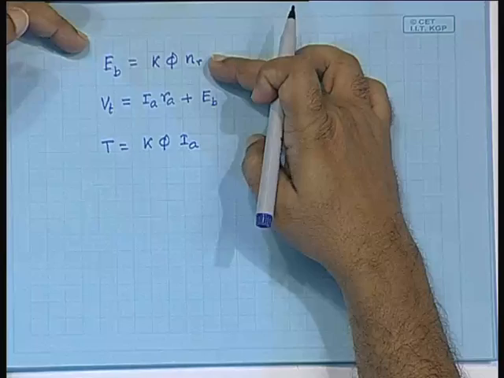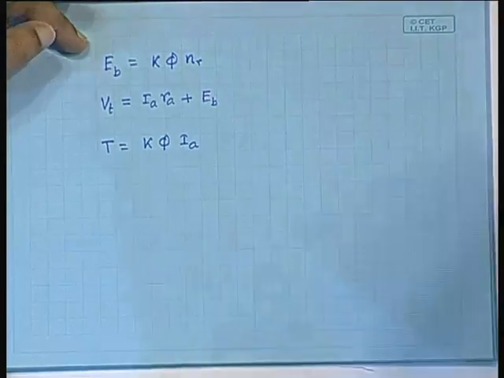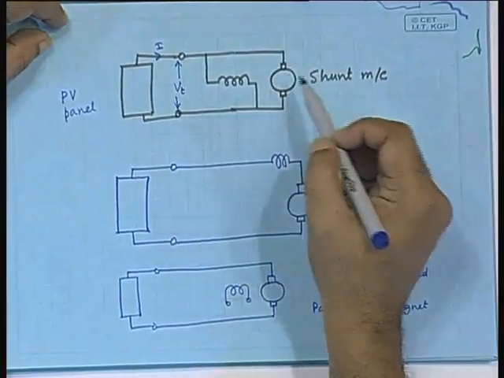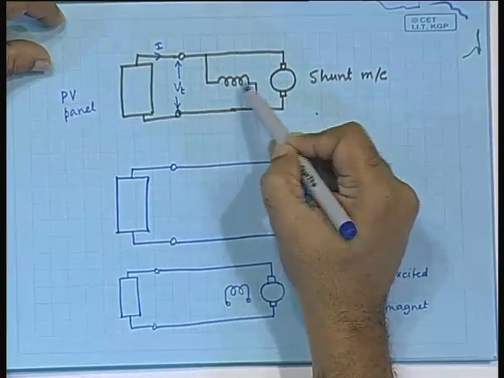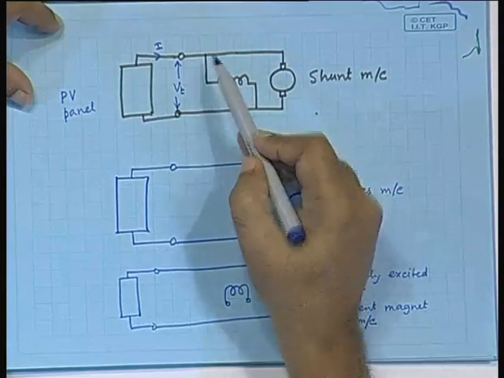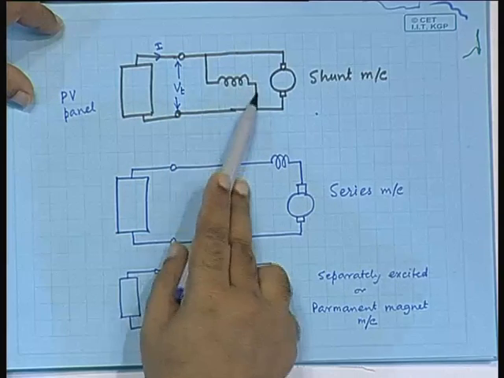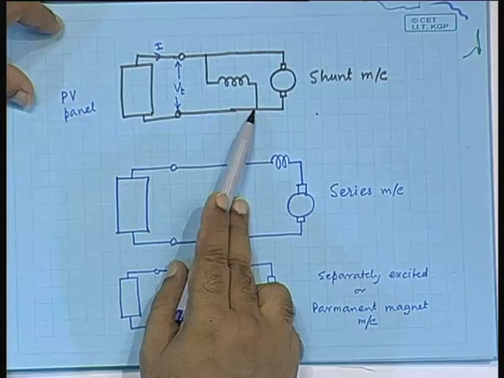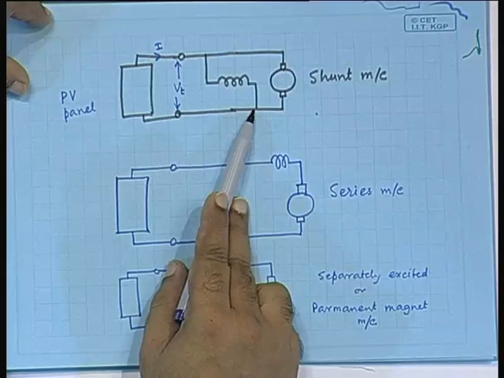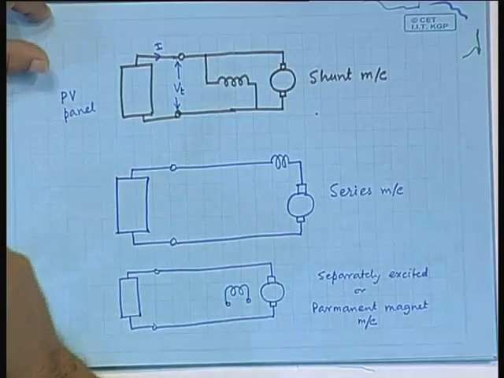Now, back EMF is this always, only if you have the machine connected in shunt, then the flux is given by the V t divided by R f, that is the shunt field current, and the flux will be proportional to that.